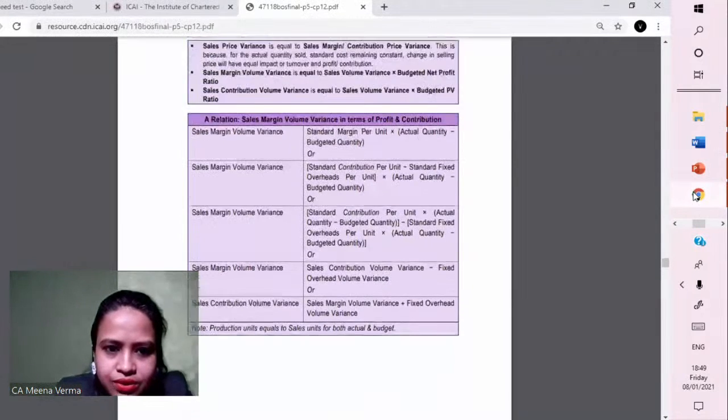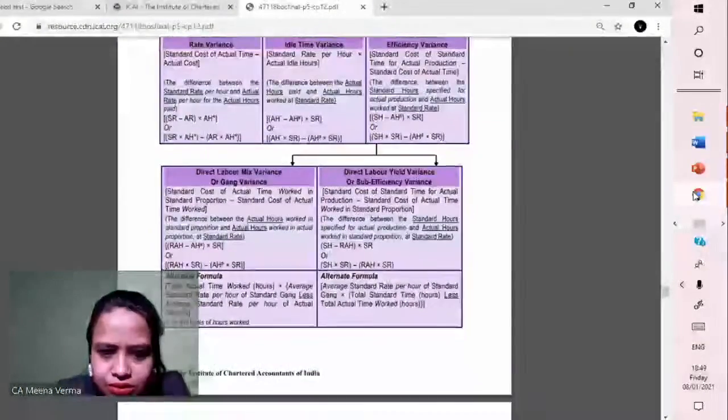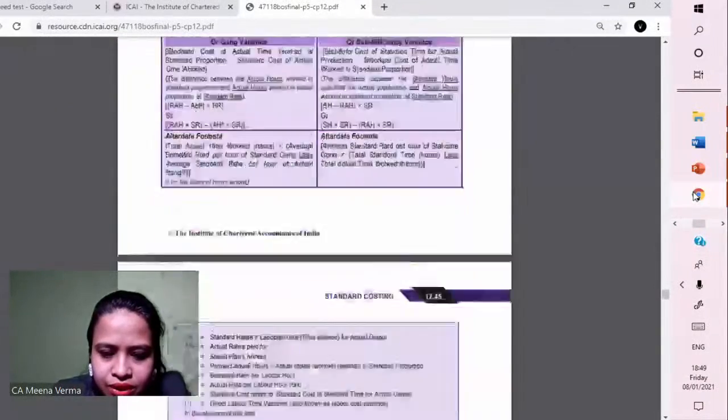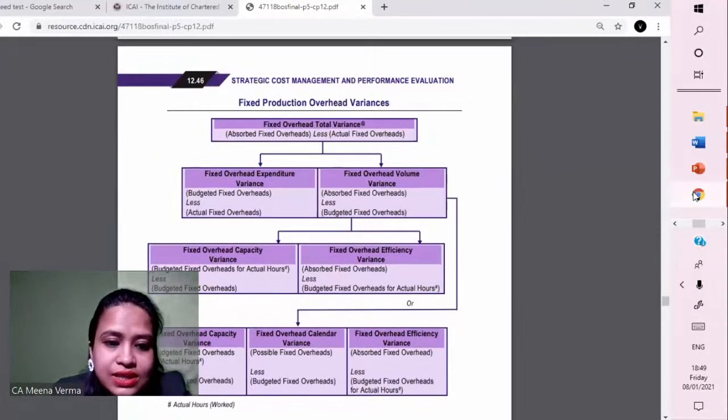You have to consider these, which you have already done in your CA Inter.